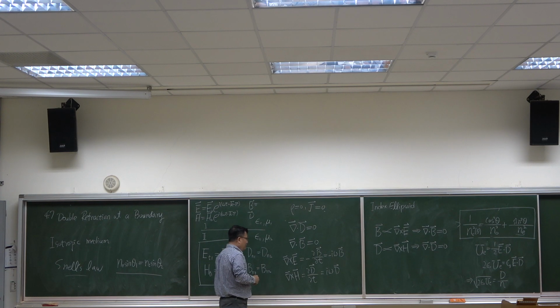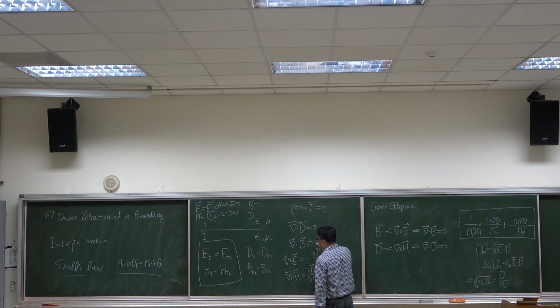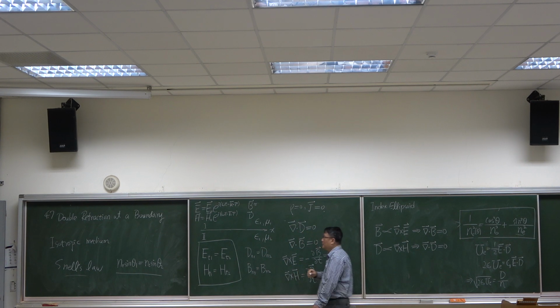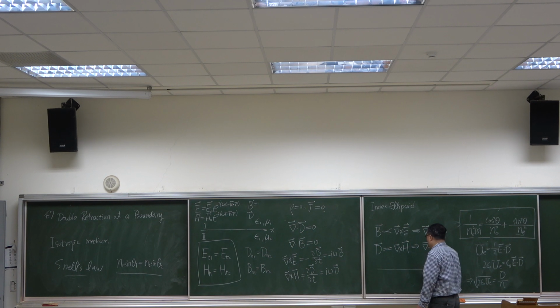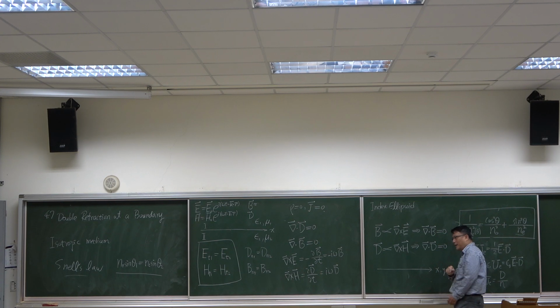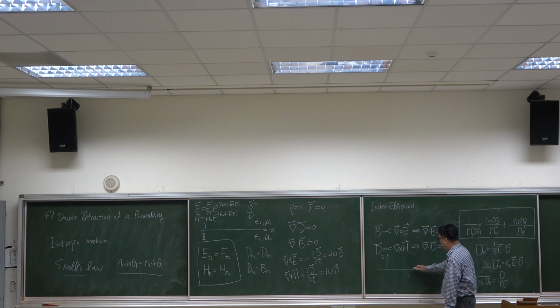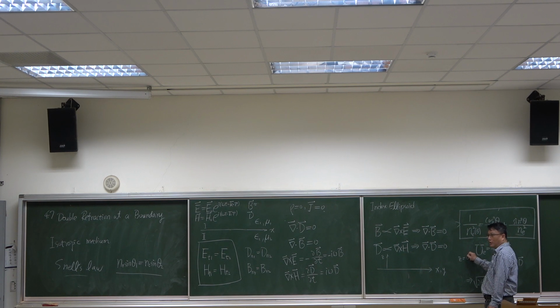So this means that, suppose the surface directions are x and y, and this is the z direction. So at this surface, z is equal to 0.